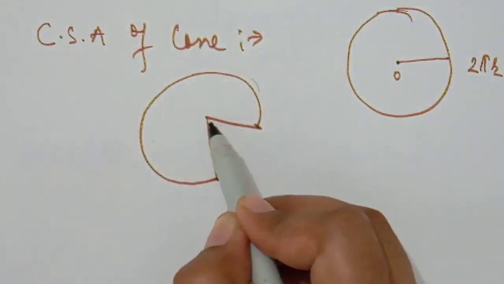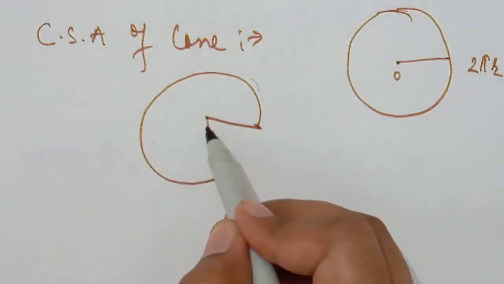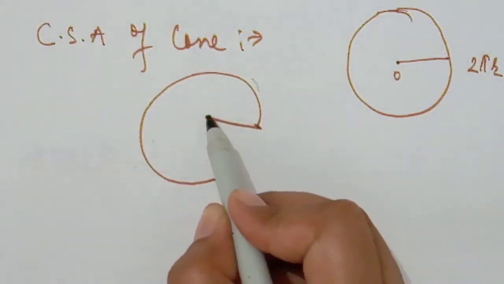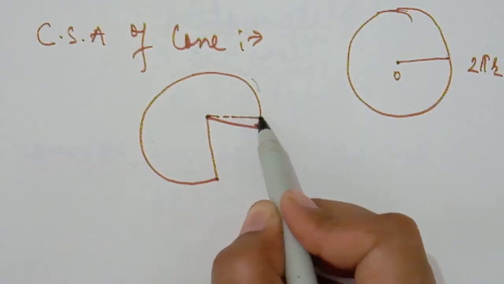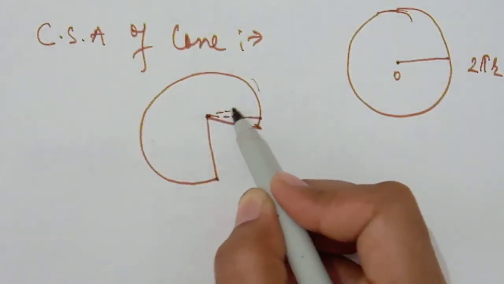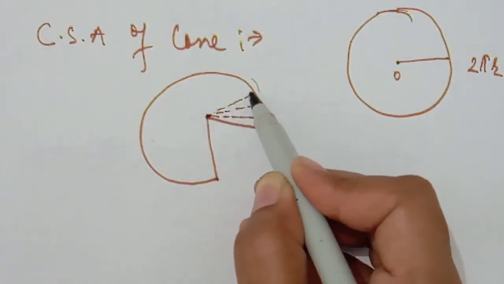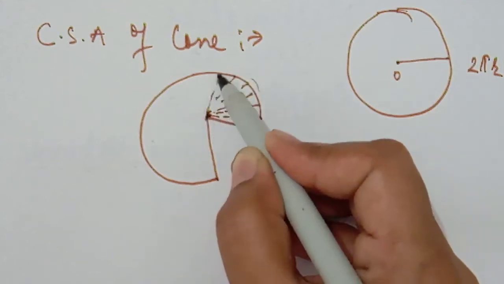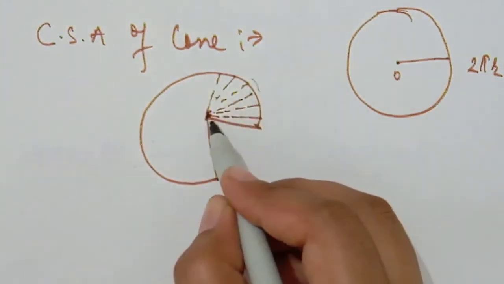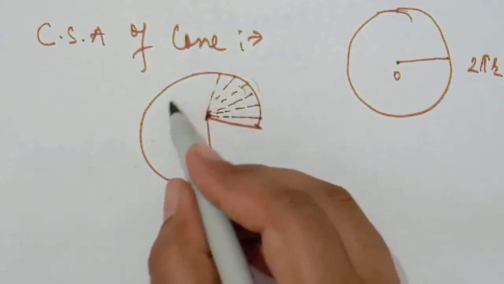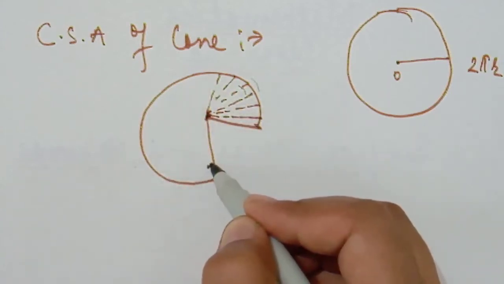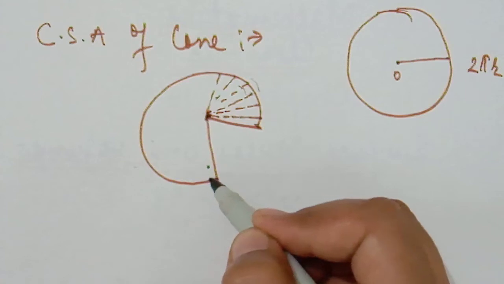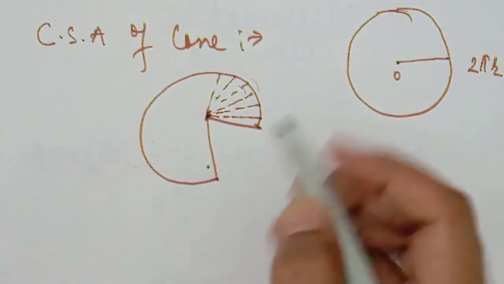If I take a small radius here, and then here, and so on, it means I am distributing this piece of paper into an infinite number of triangles.